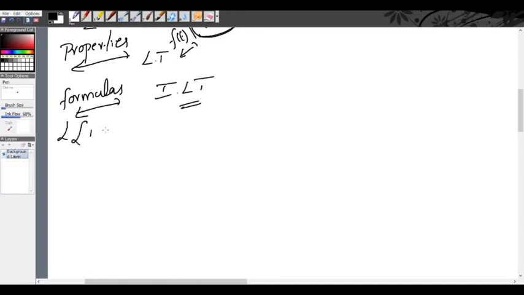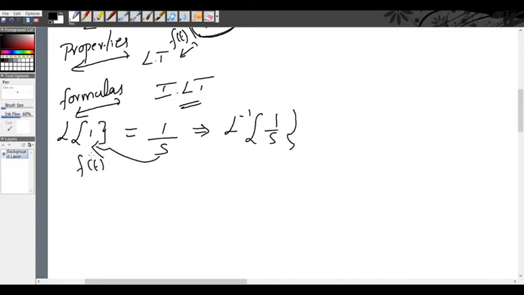We have studied the Laplace transform of 1 as 1 by s. So L inverse of this 1 by s, because we would like to get back the original data. The original data is 1, so we apply the Laplace inverse, which we call the inverse Laplace transform.